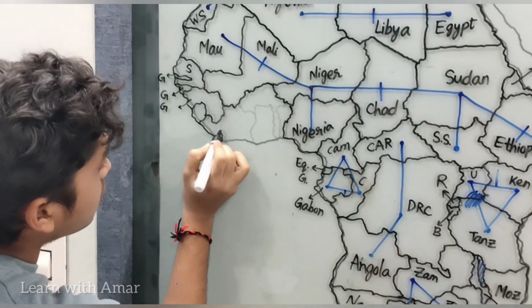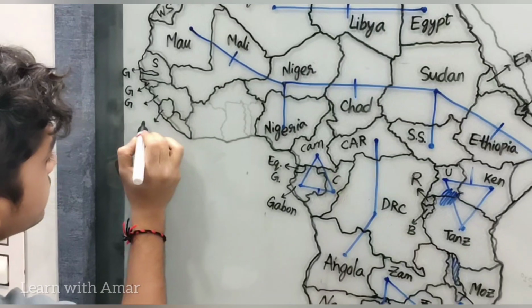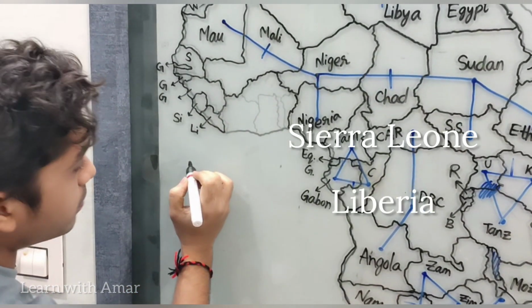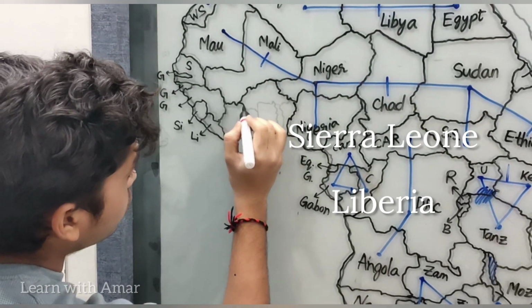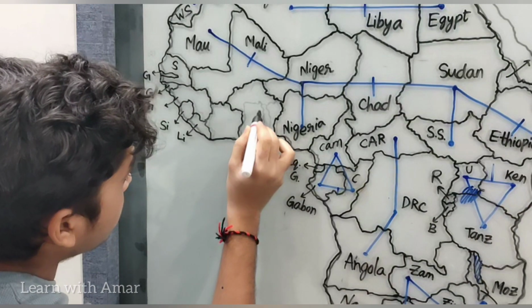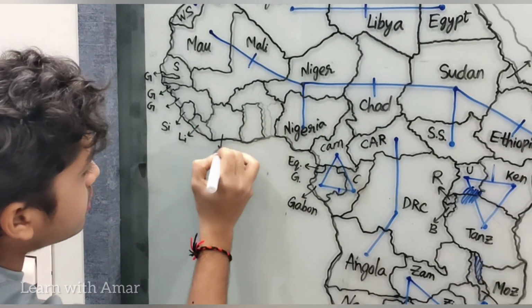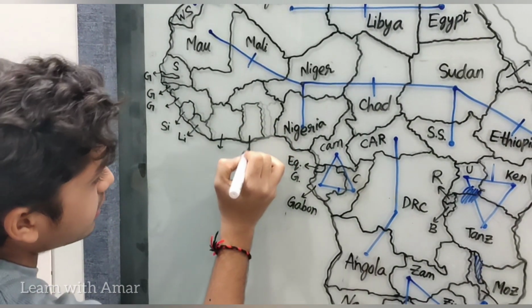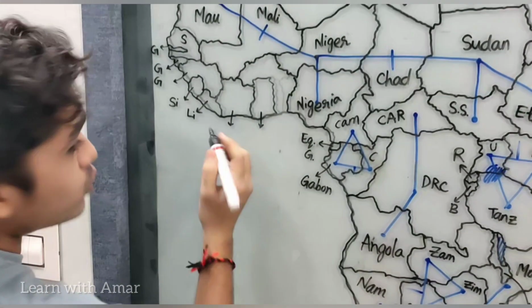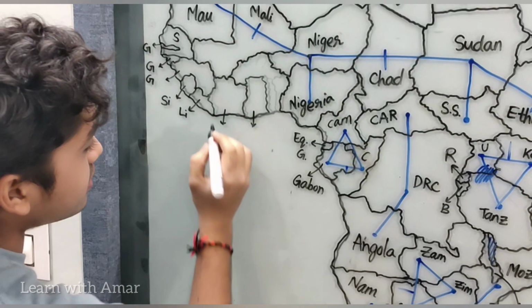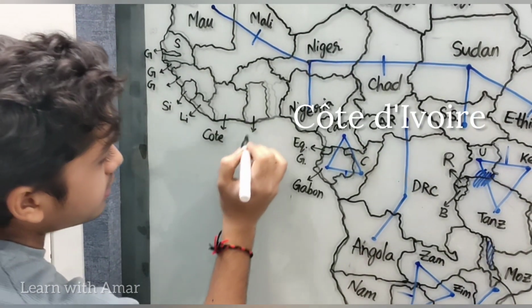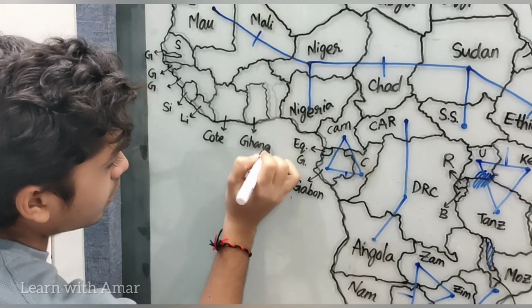This is Sierra Leone and this is Liberia. Then we have two more, a little bigger ones. This is the Ivory Coast and this is the Gold Coast. Those were the previous names of the countries, and now they are called Cote d'Ivoire and Ghana.